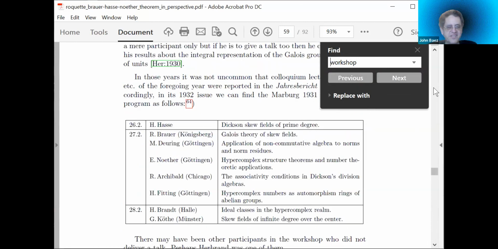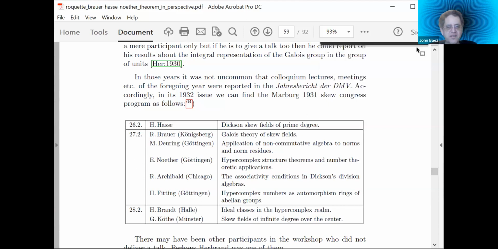Trying to find it. Here it is. This is the little program of the workshop in 1931. So it had Assa starting out by talking about these Dixon skew fields, these division algebras, and Brouwer talking about the Galois theory of skew fields, and Düring, who I think I've heard of, then Noether. The word algebra was not used at the time, so she called them hypercomplex numbers.